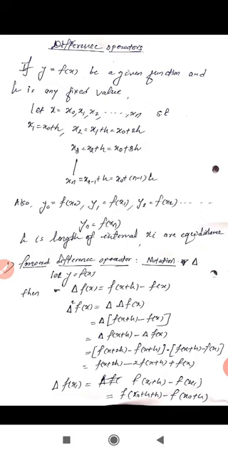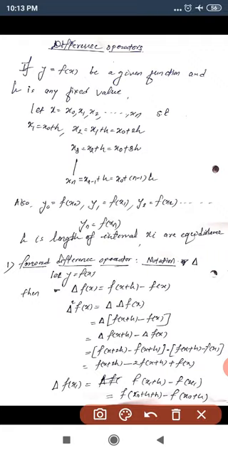So that is f of x plus 2h minus f of x plus h, minus del of f of x, which is f of x plus h minus f of x. If we simplify this, we get f of x plus 2h minus 2 times f of x plus h plus f x, which is the second forward difference operator of f x.